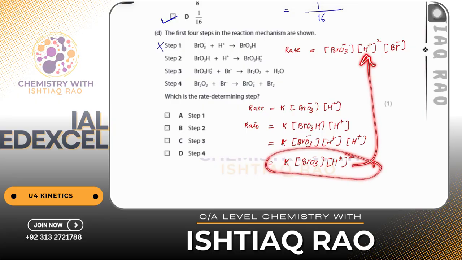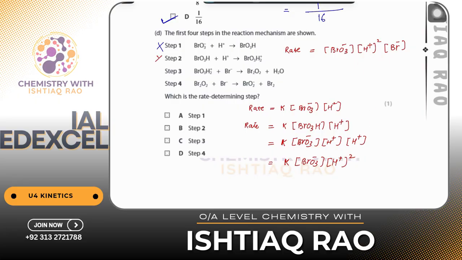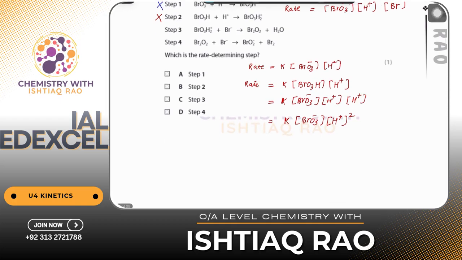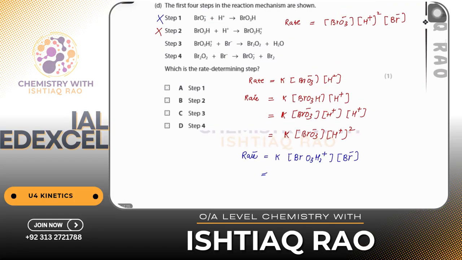Now you have to check whether step 3 is correct or not. The rate equation for step 3 is supposed to be K into BrO3H2 and Br negative. But when I saw these 3 reactions, this depends on this one or this one, so I'm supposed to replace it.